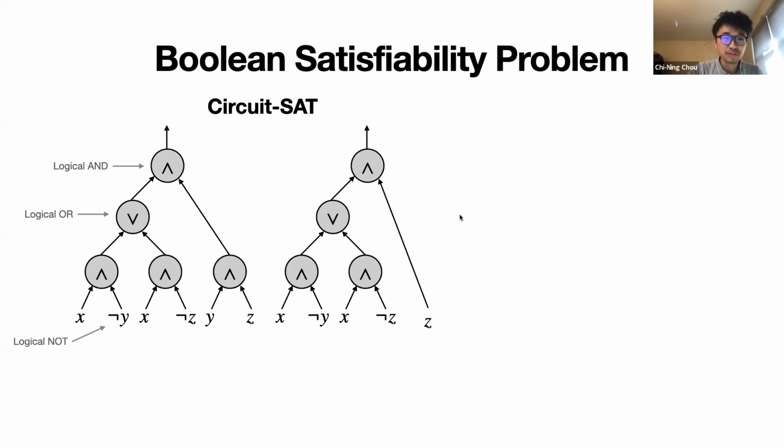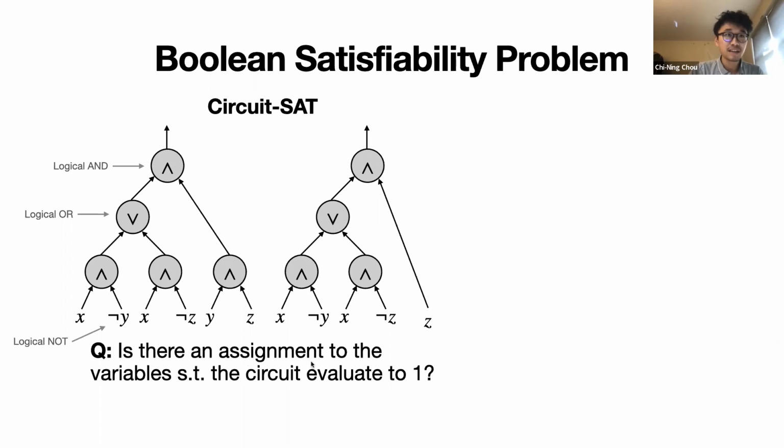For example, the first possible situation is called circuit SAT. The problem is that I give you a circuit and I ask you whether there's an assignment to the variables such that after you evaluate the circuit with these assignments, it evaluates to 1.